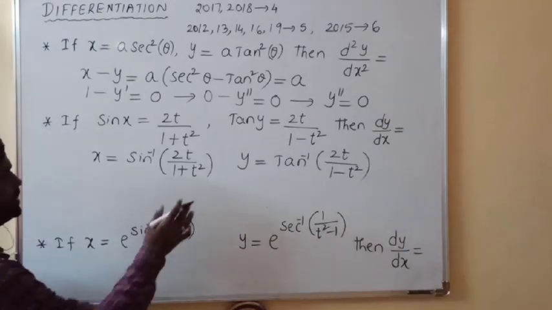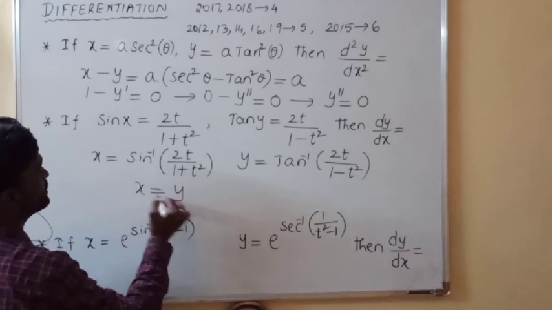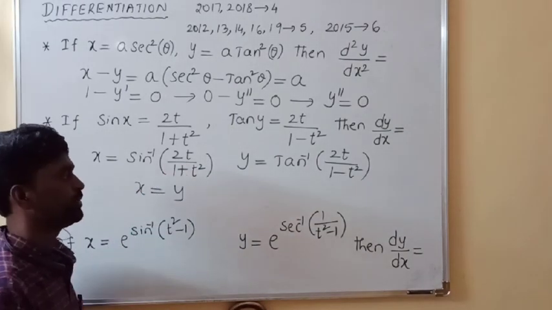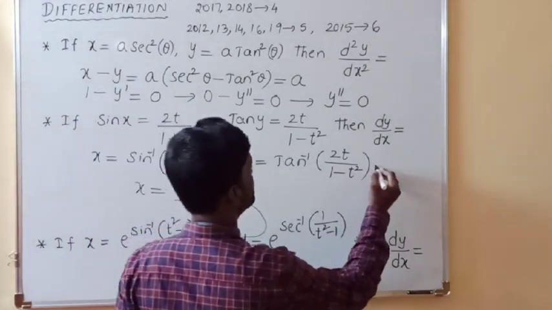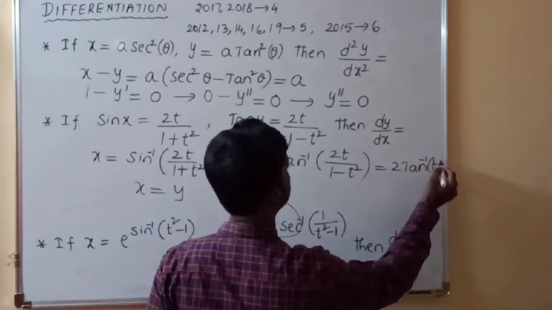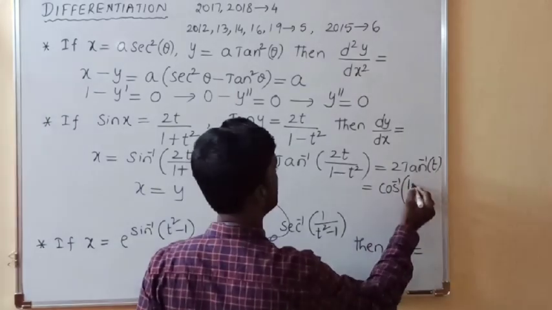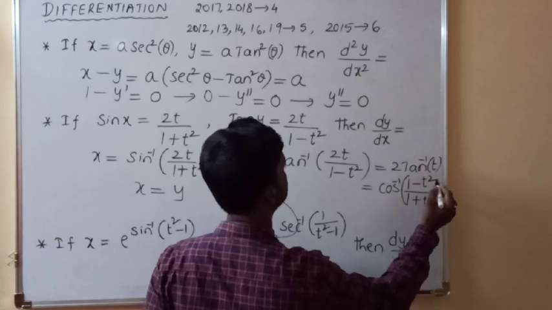That means from these two equations we can conclude that x is the same as y. It is the same as 2 times tan inverse of t, and also the same as cos inverse of 1 minus t square by 1 plus t square.